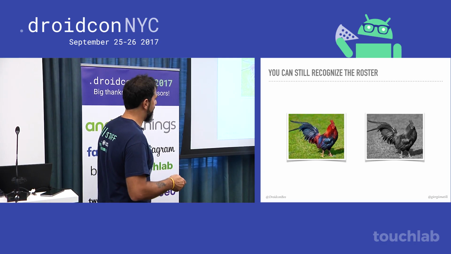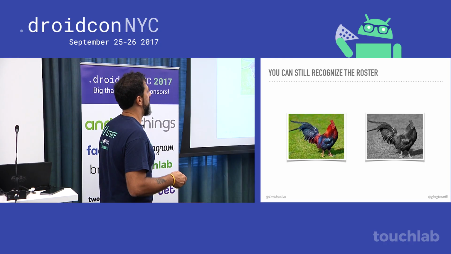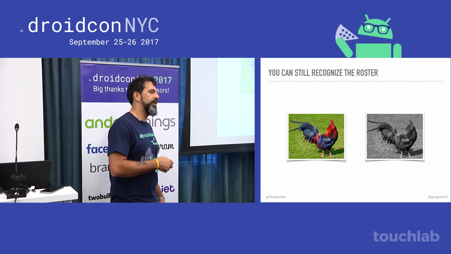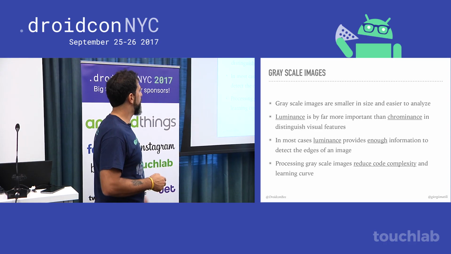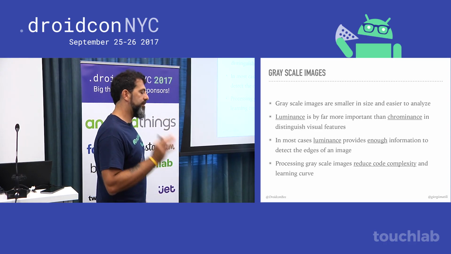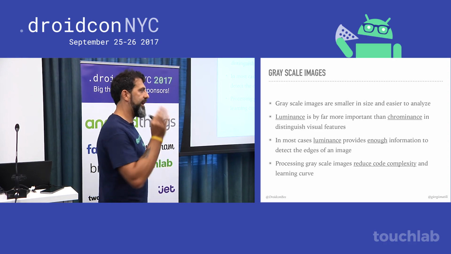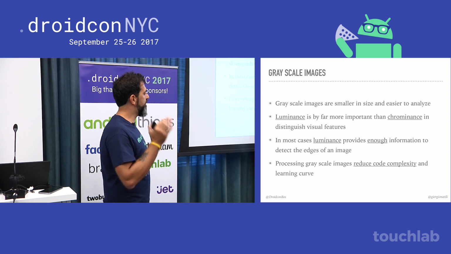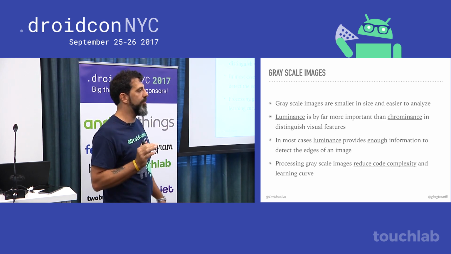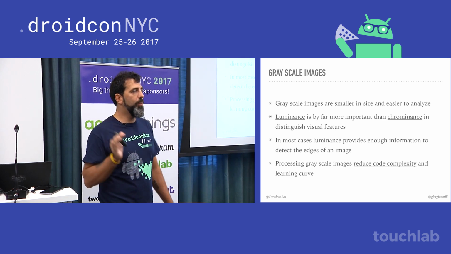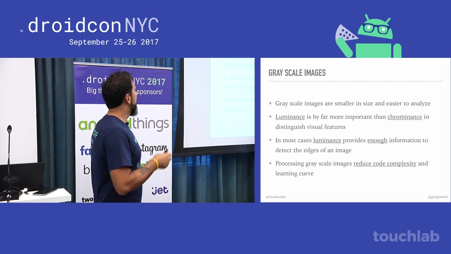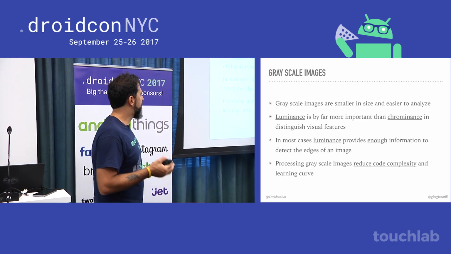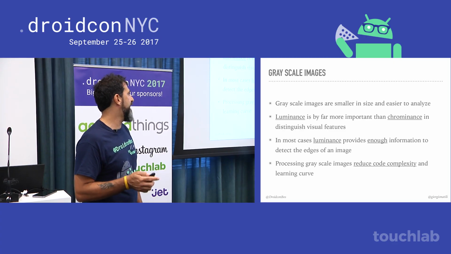That's a grayscale image, that's a colored one, which is maybe 10 times larger than the one on the left. That's the amount of data that you can reduce. So we usually play with grayscale images. It creates much more performant applications and reduces the complexity of your code. Whatever you do with grayscale images is simpler than with a colored one. The luminance, in fact, provides enough information to detect the edges of an image.